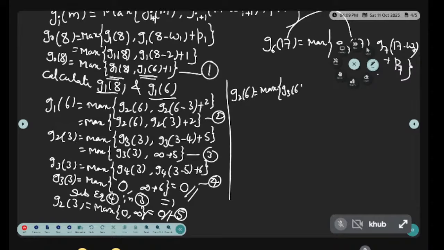G3 of 6 comma G3 of 6 minus W3, 6 minus 4, 2 plus.